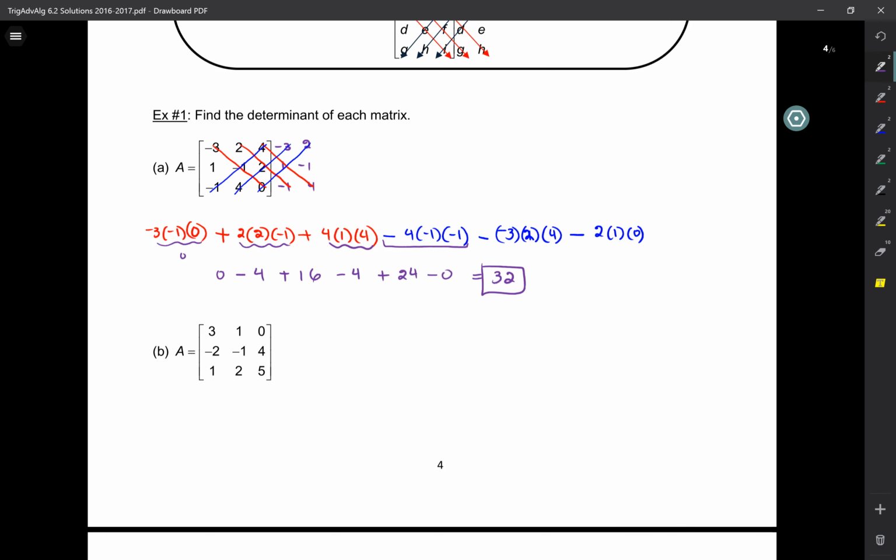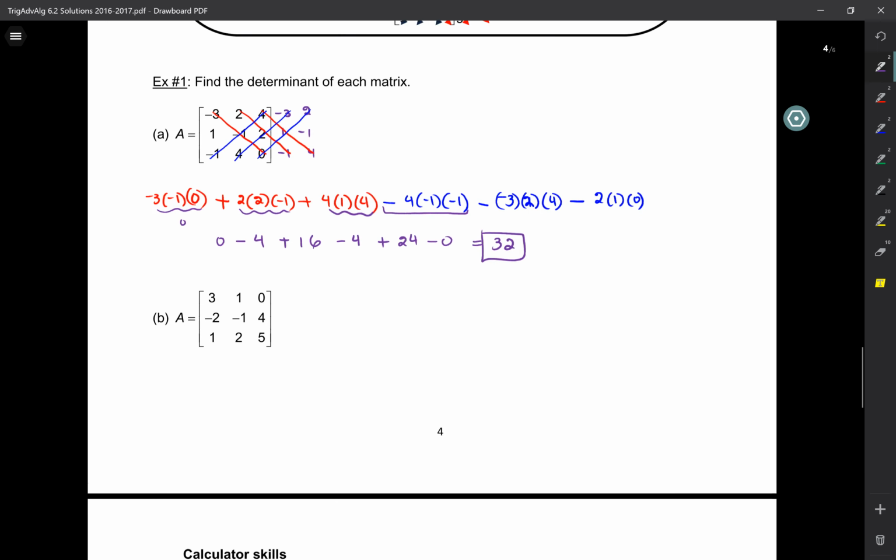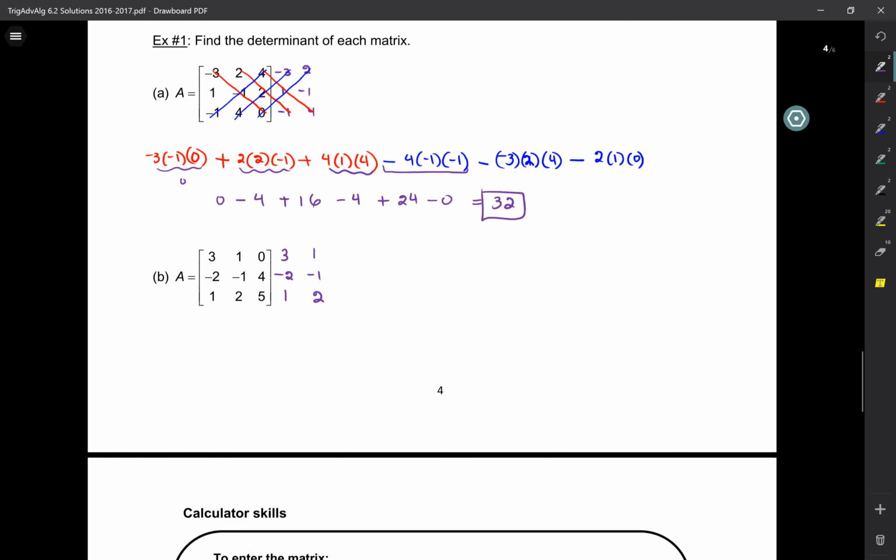Should we do it again? Let's do one more. So what am I going to reproduce here? The first two. So 3, minus 2, and 1, and 1, and minus 1, and 2. Okay. So here, let's draw our diagonals.